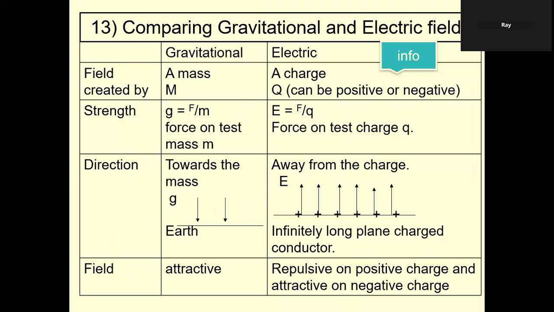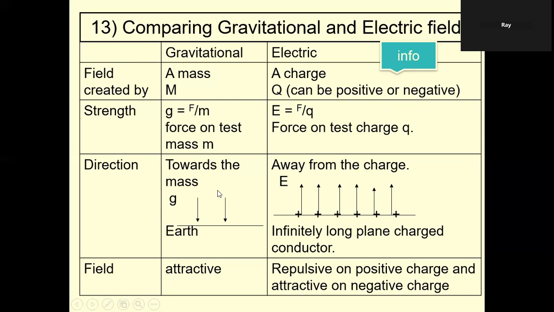This is for your information. It won't be in the syllabus anymore. Last time it was in the syllabus. Comparing gravitational and electric field. Gravitational field, the field is created by a mass. Electric field is created by a charge. Field strength we define as g, force per unit test mass, and for electric, force per unit test charge.